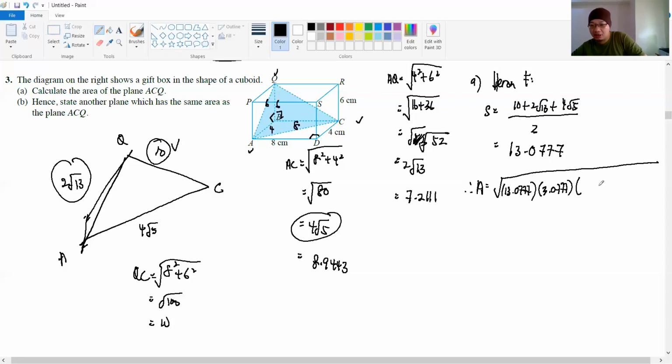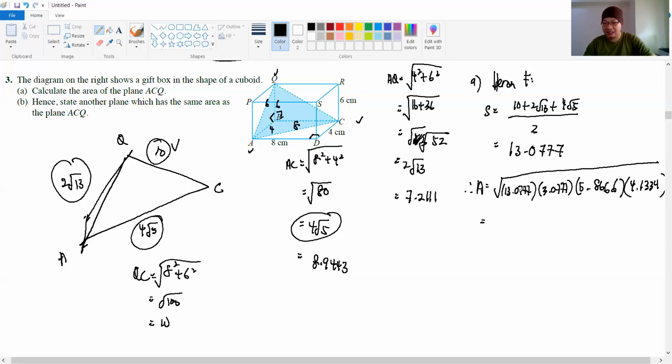Then your answer will be rounded off to 5.8666. And the last one, S minus 4 square root 5. Okay, so the answer is 4 point something, 4.1334. Okay, guys, this is the value.